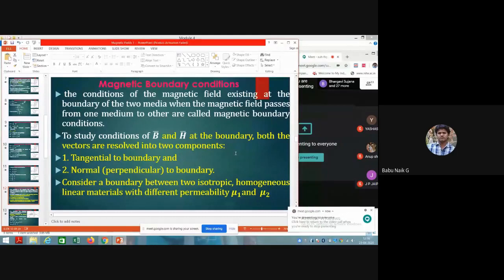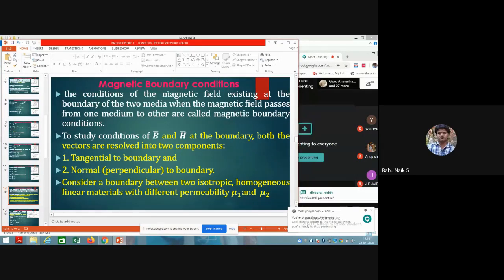Now similarly in magnetostatics, let us take the boundary condition region, with a magnetic material which is conducting and a medium which is not conducting.